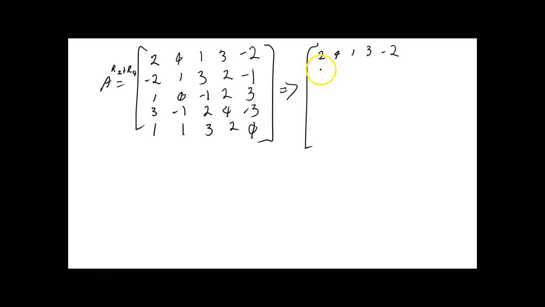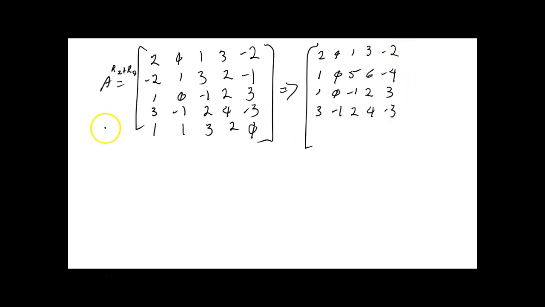Row 2 plus row 4. 1, 0, 5, 6, negative 4. Leave the third row alone. 1, 0, negative 1, 2, 3. Okay. Leave the fourth row alone. 3, negative 1, 2, 4, negative 3.